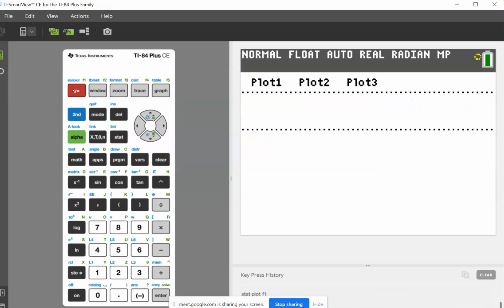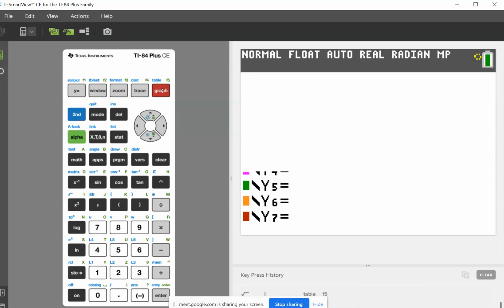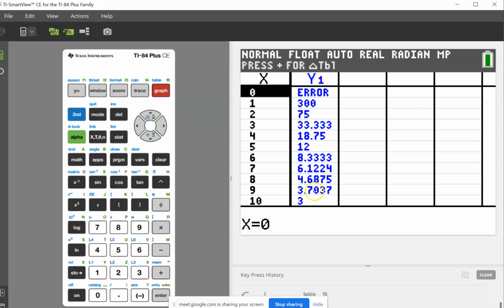Let's go to y equals, hit clear, and I want you to type in 300 divided by x squared. We're going to do second table. We're going to look in the right-hand column, and we're going to go down, and we're looking for a 1 in the right-hand column.